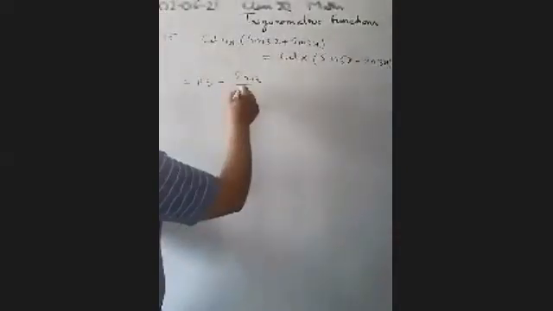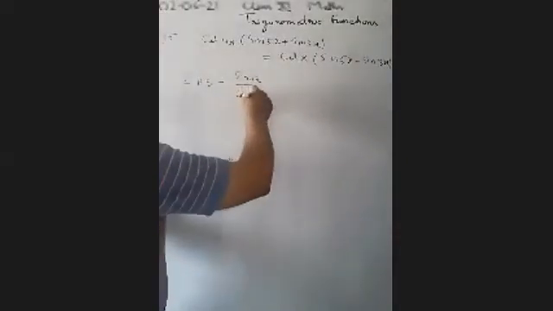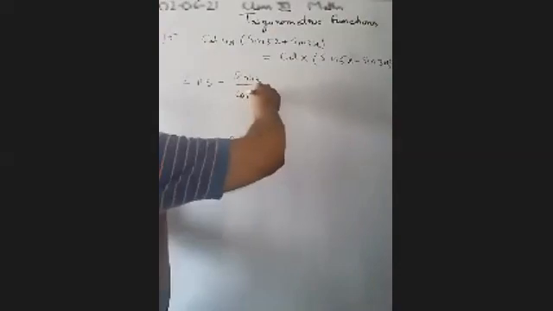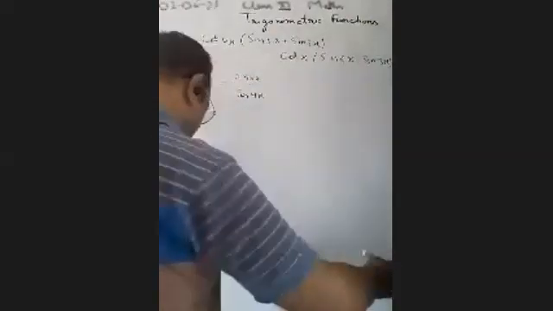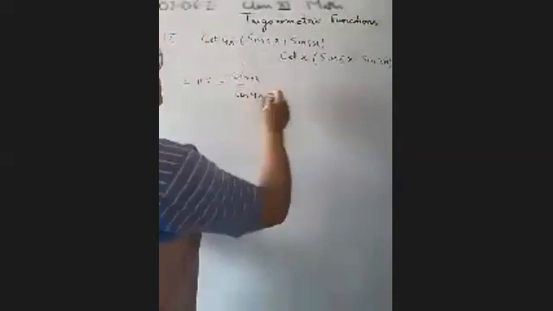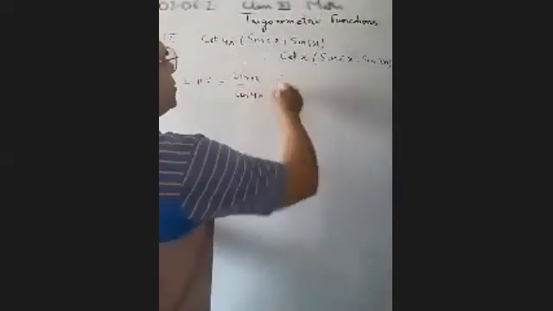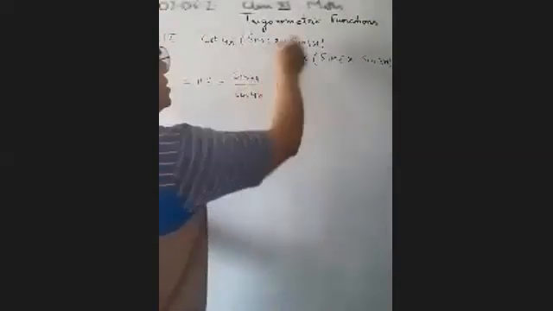Divided by cos 4x. Now we can apply the formula of sin C plus sin D.